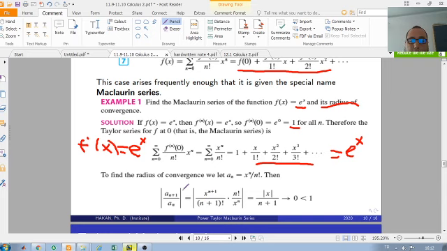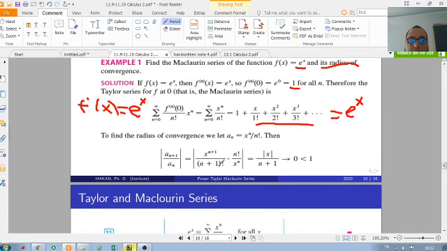If you remember, a_(n+1) is x to the power n+1 over (n+1) factorial, times 1 over a_n, which is n factorial over x to the power n. x to the power n+1 can be written as x to the power n times x, and by simplifying x to the power n, similarly (n+1) factorial can be written as n+1 times n factorial, and we can simplify the n factorials.